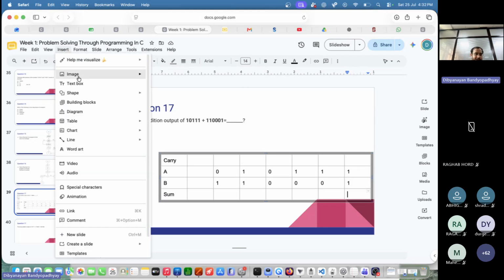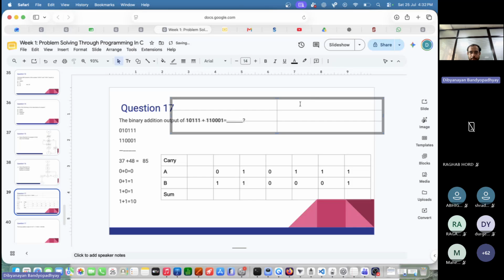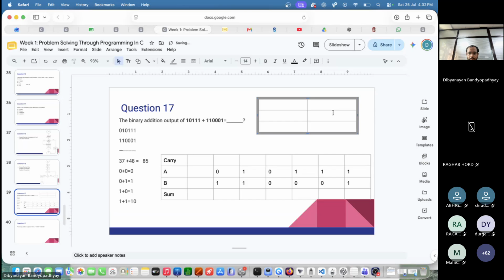Insert table. If I insert this table here, drag it here: 2 to the power 0, and this is 2 to the power 1.